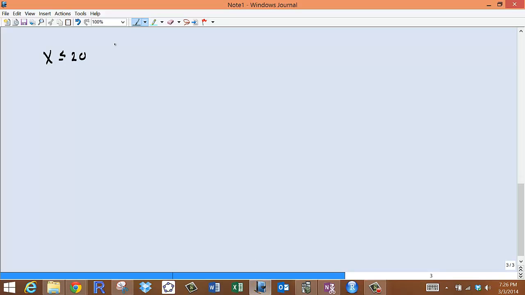So this time we want to use the probability that x is less than or equal to 20, which is the binomial CDF. N is the number of trials, P is the probability of success, and X is 20.